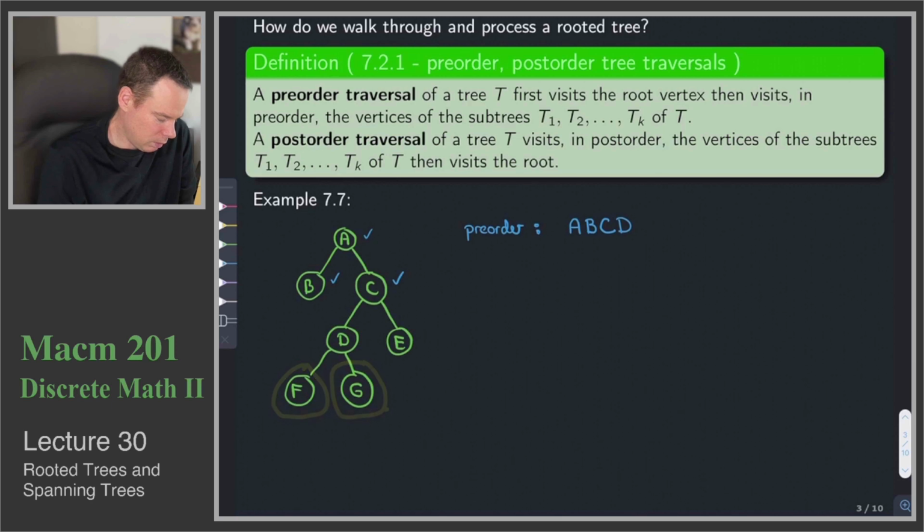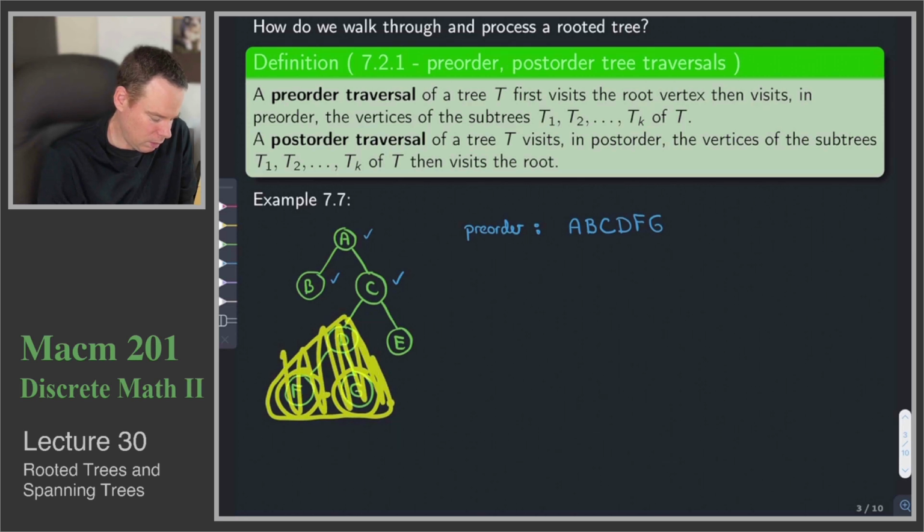And those are both just single nodes. So then we have that we visit F, and then we visit G. So now I visited F, I visited G, therefore I visited all the subtrees of D. And so I've done processing this part of the tree.